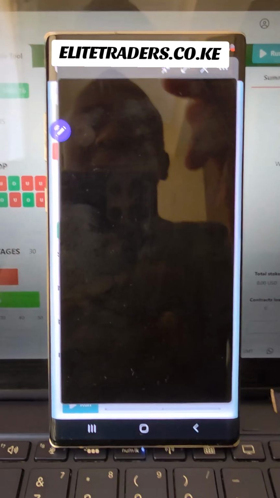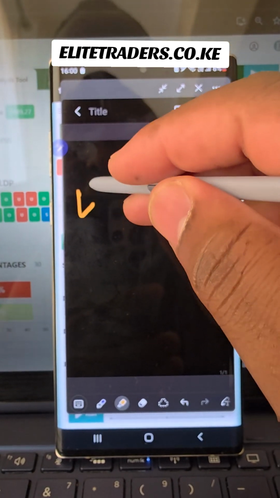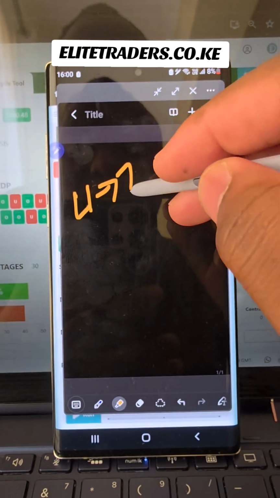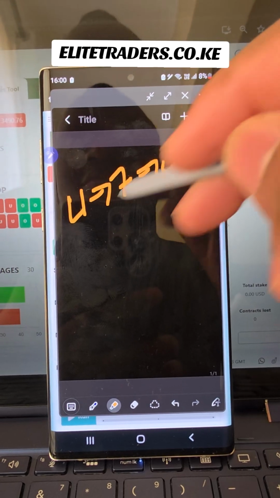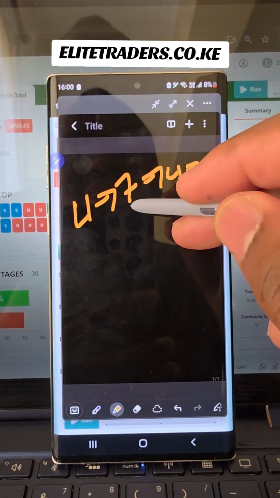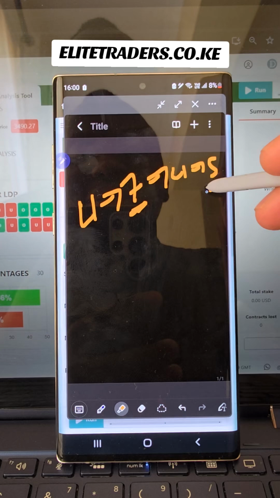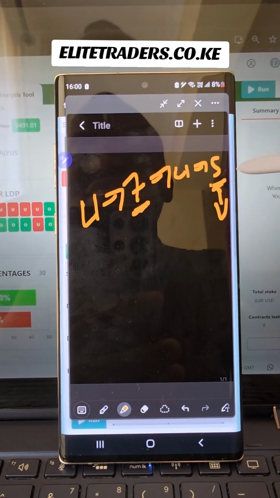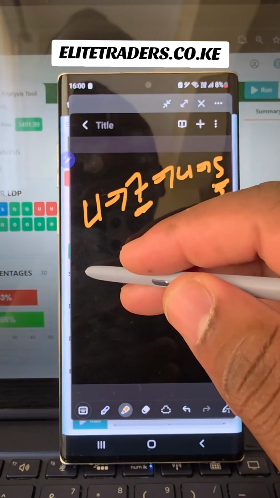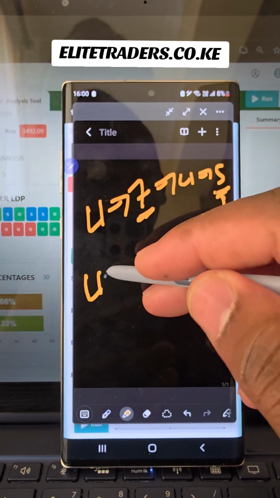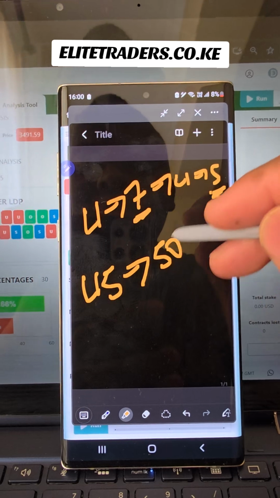Let me explain in detail. The first thing we are trading is under 7 with under 5 recovery. The robot is analyzing the under 5 market and making entry points with under 5 market. The first condition is that under 5 market must be more than 50%.